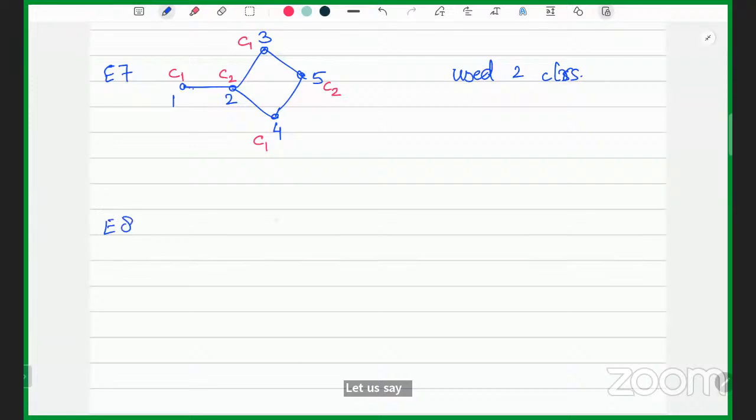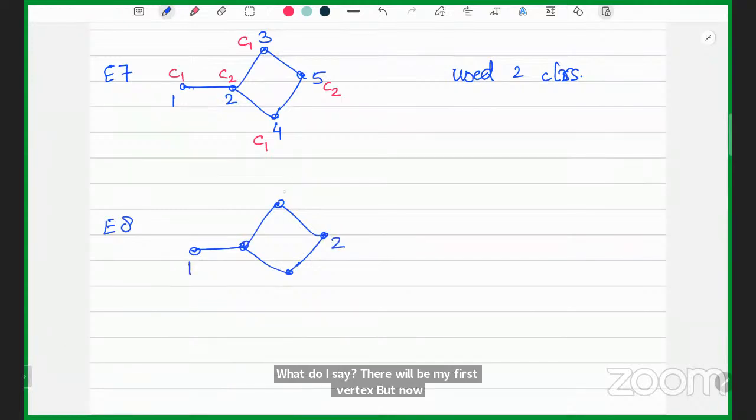If I choose exactly the same graph, but now I change the labeling of the vertices. What do I do now? I say this is going to be my first vertex, but now this is my second, third, fourth, and this is my fifth. Then again, this gets C1.